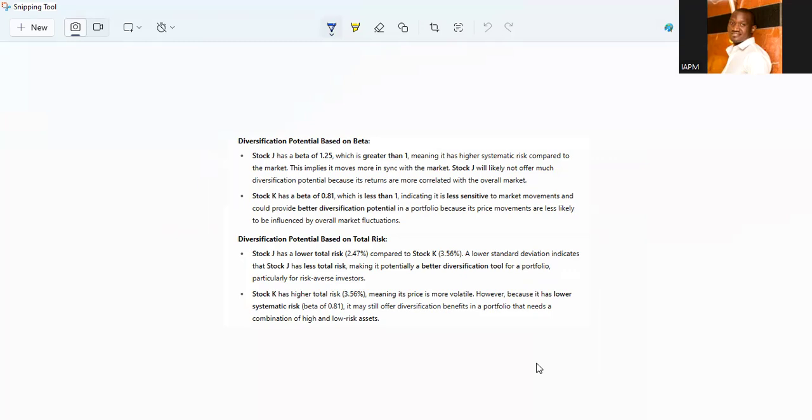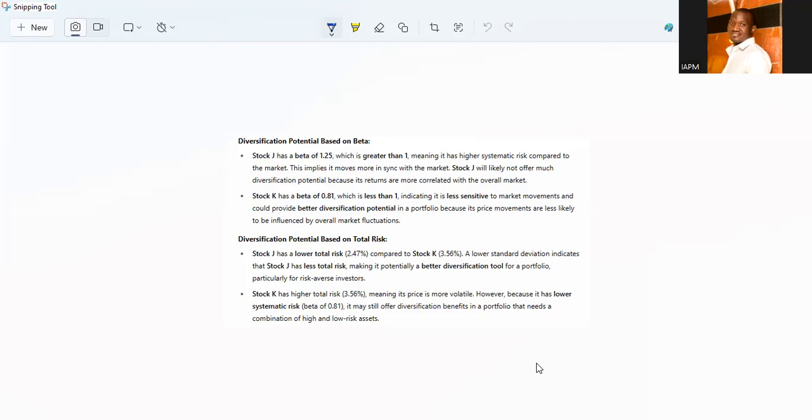It has higher systematic risk compared to the market and moves in sync with it, so J is likely to not offer much diversification potential because its returns are more correlated with the overall market. Stock K has 0.81, less than 1, so it is less sensitive to market movements and could provide better diversification potential in the portfolio. Why? Because its price movements are less likely to be influenced by the overall market.